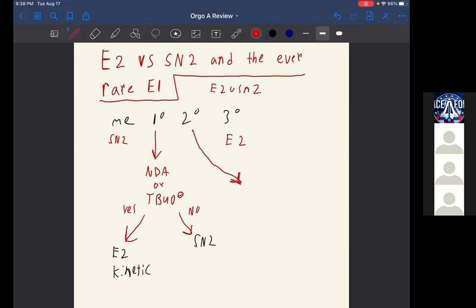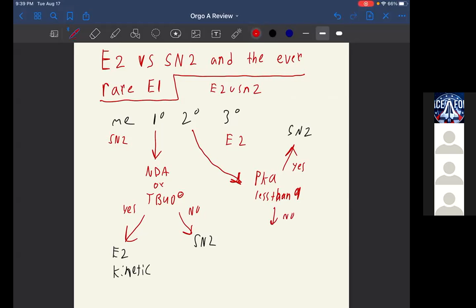Now then, if it's on a secondary carbocation, you look at the pKa, and if it's less than 9, yes, that's SN2.